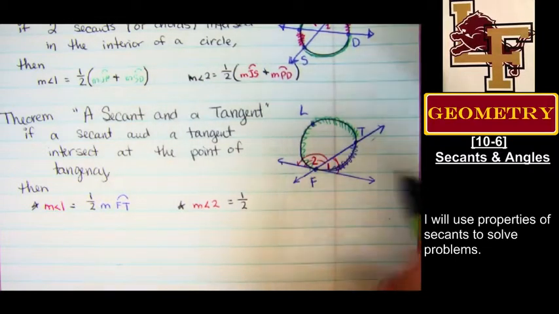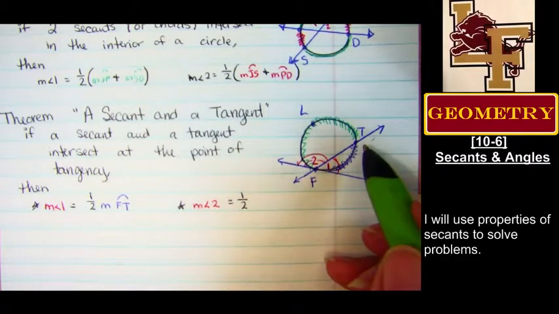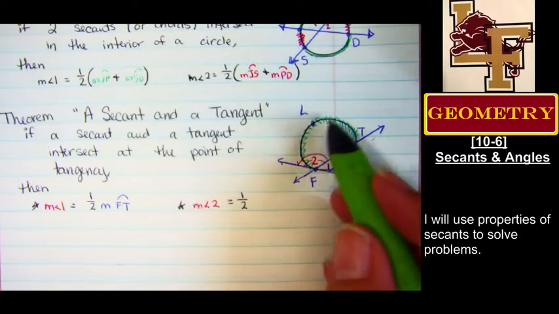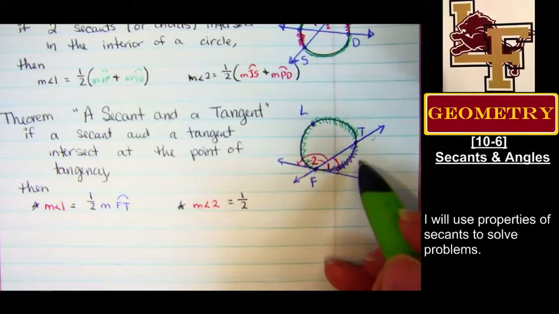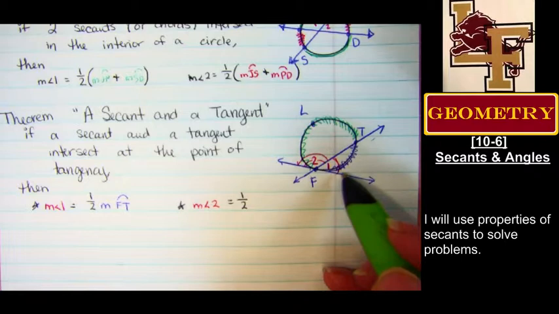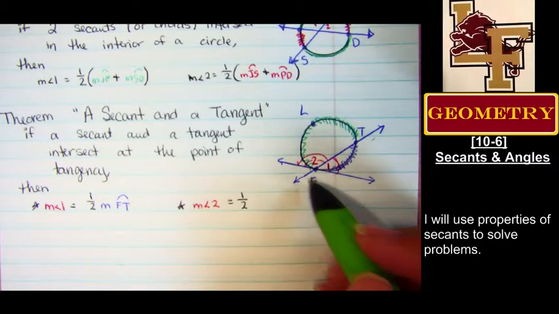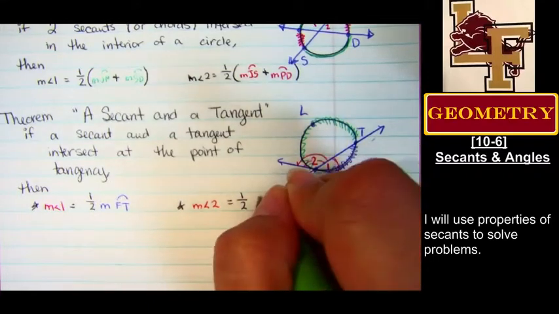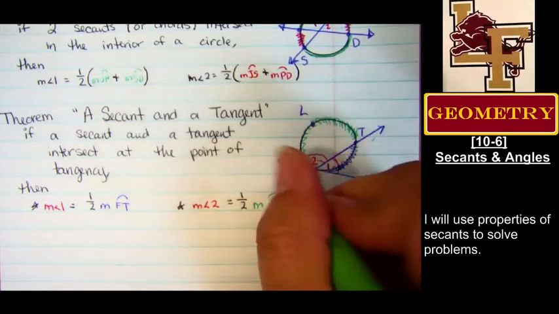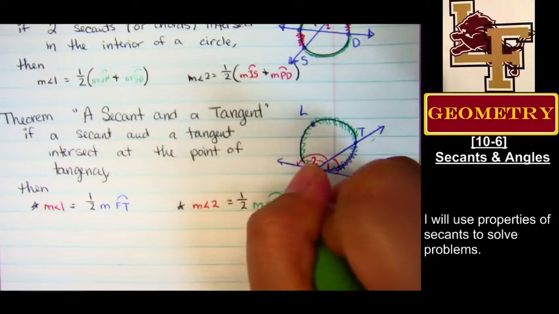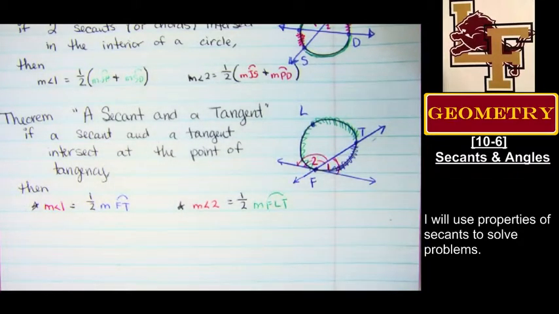I can't name this arc FT, because if I name this big arc FT, that's going to tell me to go the short way, because I'm lazy. So we have to put that extra letter in there so that it tells us we need to go the long way around the circle. So the measure of arc FLT. Okay, so we've got our 2 different formulas that we can use.